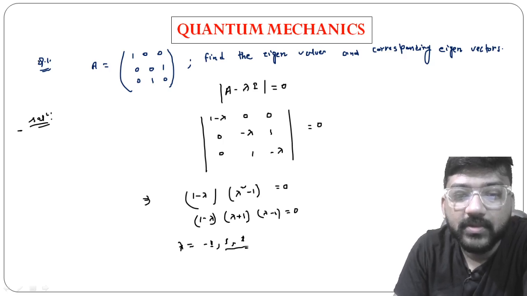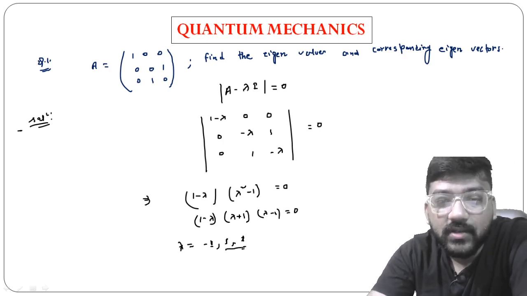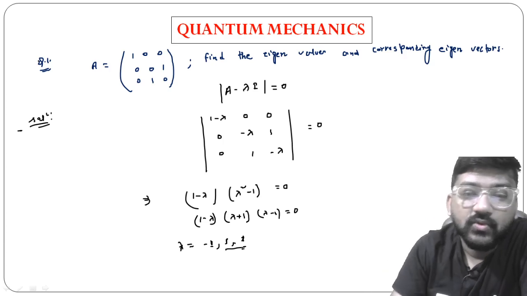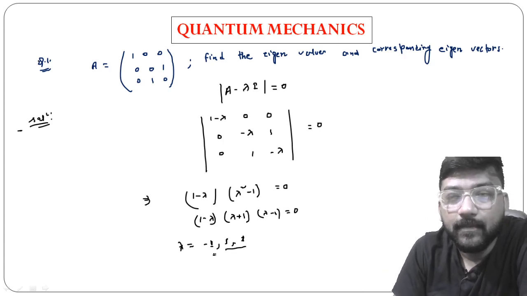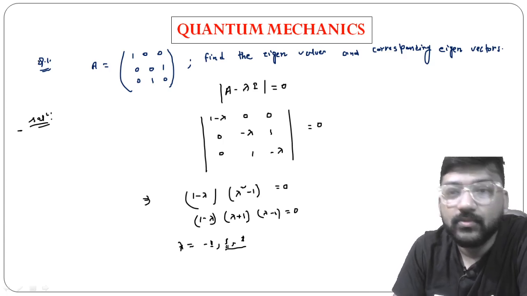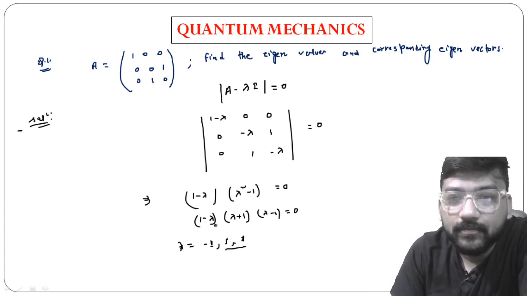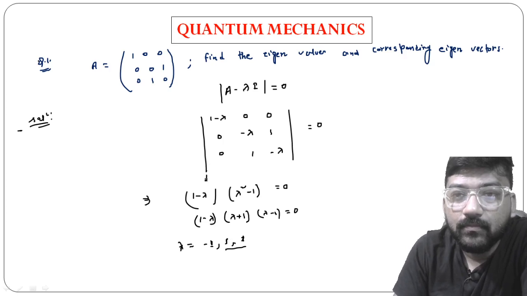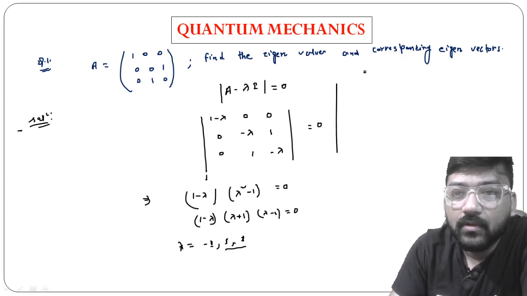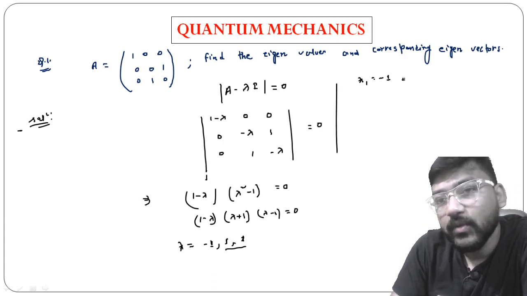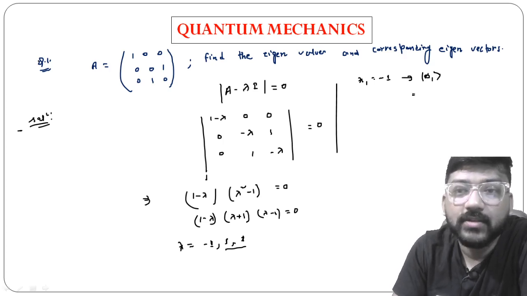You can say these two are repeated eigenvalues, that means degenerate, and one is minus 1. So we have to find phi 1, phi 2 and phi 3 corresponding to these three eigenvalues. Suppose lambda 1 is equal to minus 1, so we have to find the corresponding phi 1, that is the eigenvector.